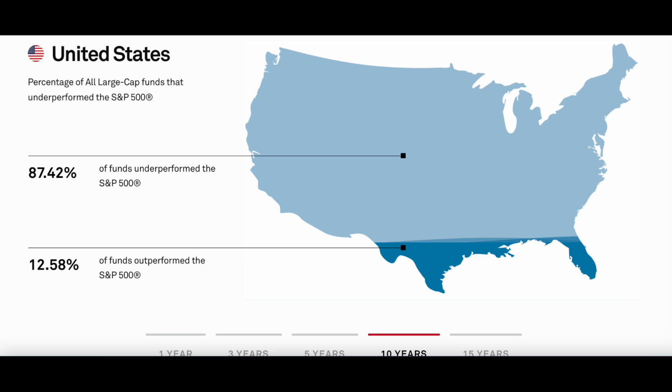So the S&P 500 are those top 500 stocks in the US, and you would invest in them by buying an S&P 500 ETF, for example. And obviously these actively managed funds are managed by professionals who have the software and the education to be able to try and outperform the market, and very few of them have been able to do so.